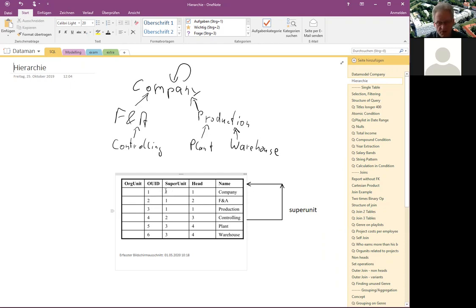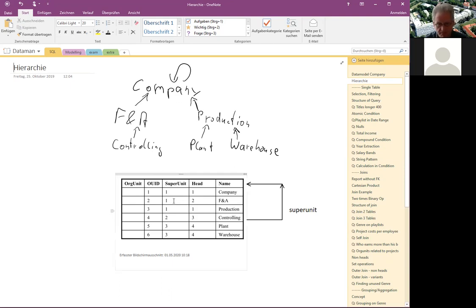You see the foreign key subunit with number 1 is pointing to the OUID 1, and that means it's pointing onto itself, and that's the representation of the root of the hierarchy. It's just pointing onto itself. Might be a little bit strange for you at first sight, but that is a possible way to designate roots within hierarchies. The other one would be to have a null value. That's also a possibility. I've chosen here to let it point onto itself.